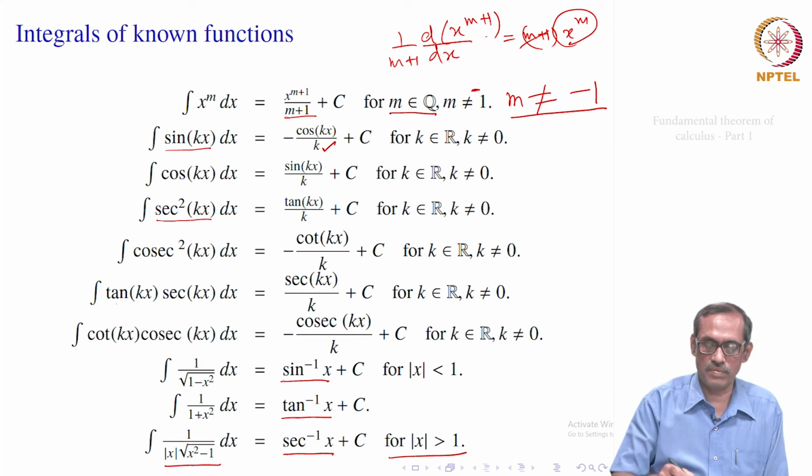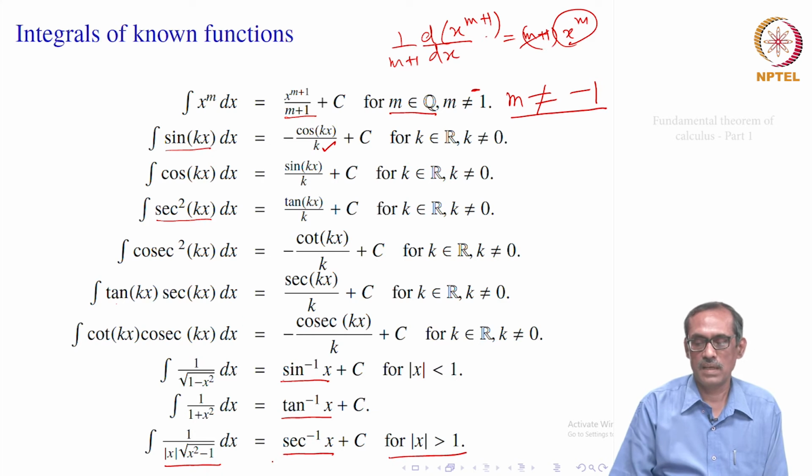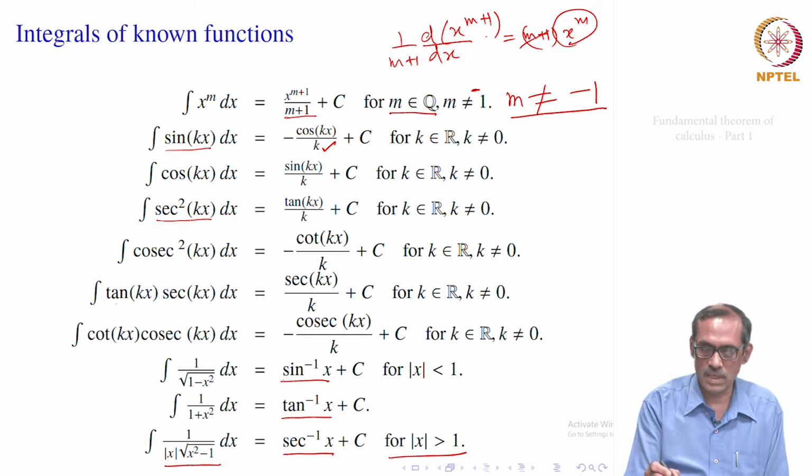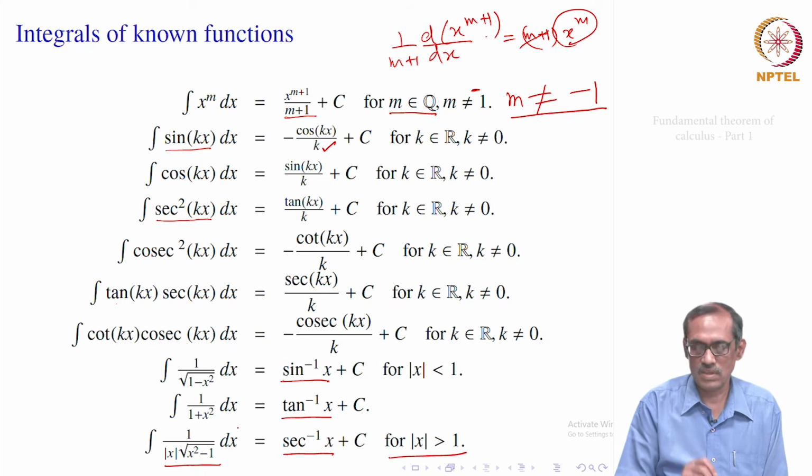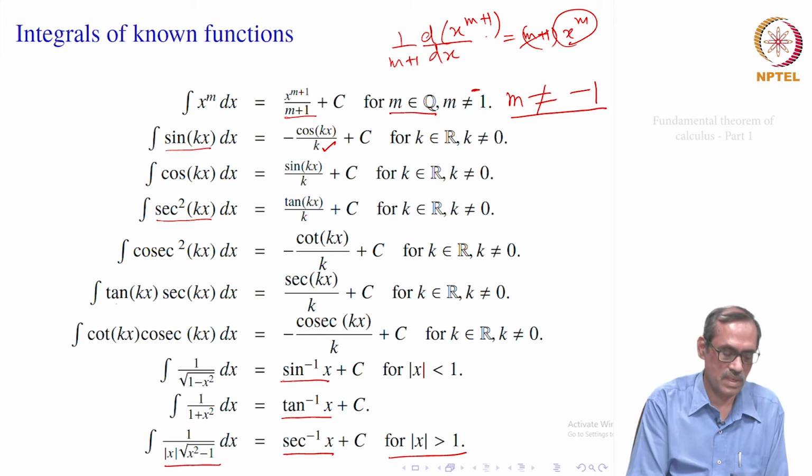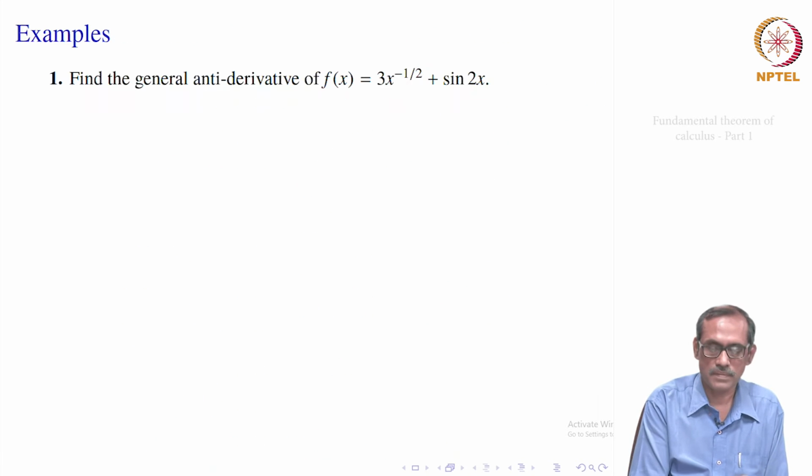These are all the formulas which will be helpful for us while evaluating integrals. If you do not remember some of them, you go back to the derivatives, see what their derivatives are, and then you can rewrite all these integrals from the information of the derivatives.